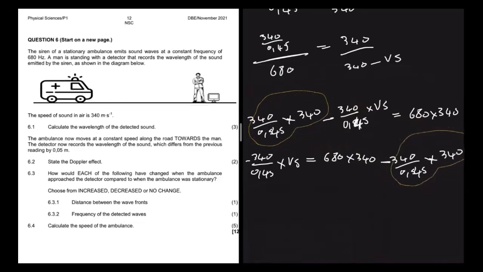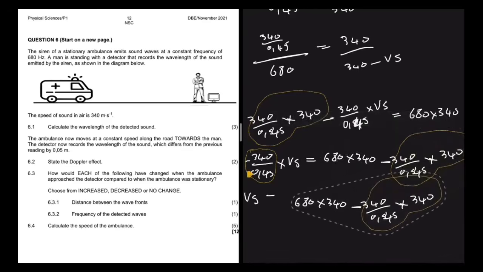So after that, I'm gonna divide both sides by minus 340 divided by 0.45, right? So that I can isolate Vs. So I'm gonna get Vs equals to, let me copy this expression here. So I'm gonna copy that expression and then I'm gonna duplicate it.